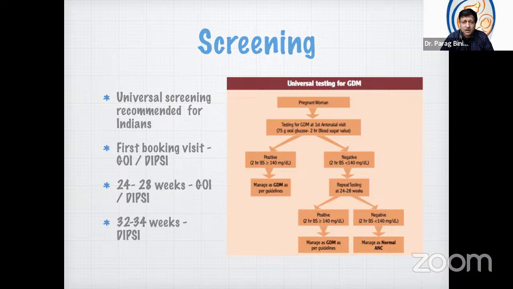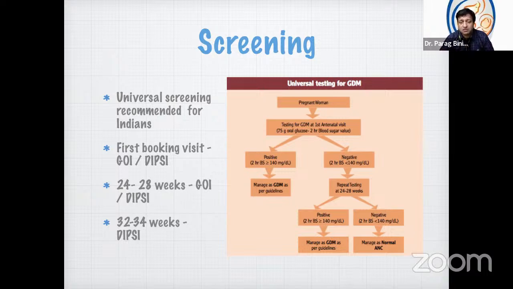And DIPSI recommends if the first two tests are negative, a third screening test should be done between 32 and 34 weeks in order to make a correct diagnosis. So when we talk about universal testing, how do we do it? In a minute, we will see how it is done, but then we interpret it as whether it is positive or negative.